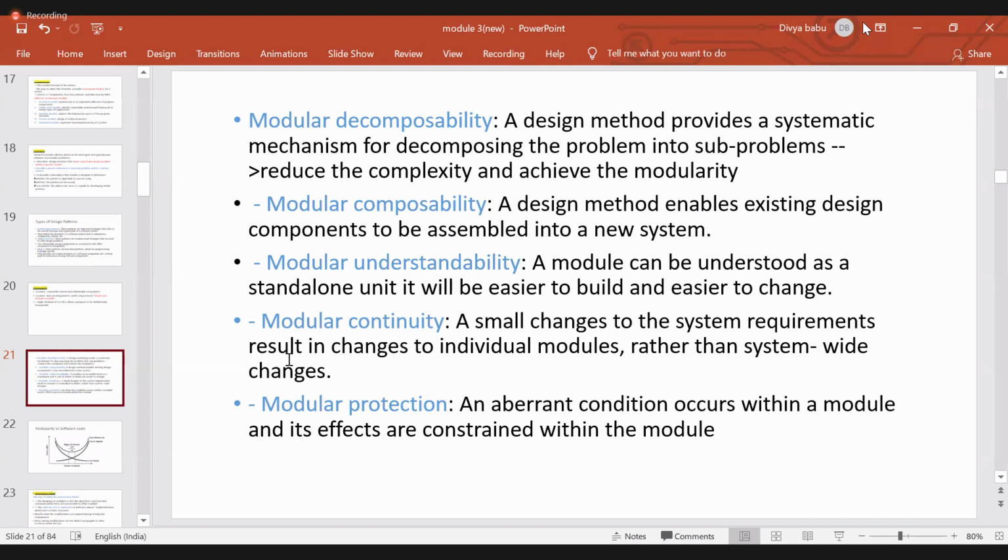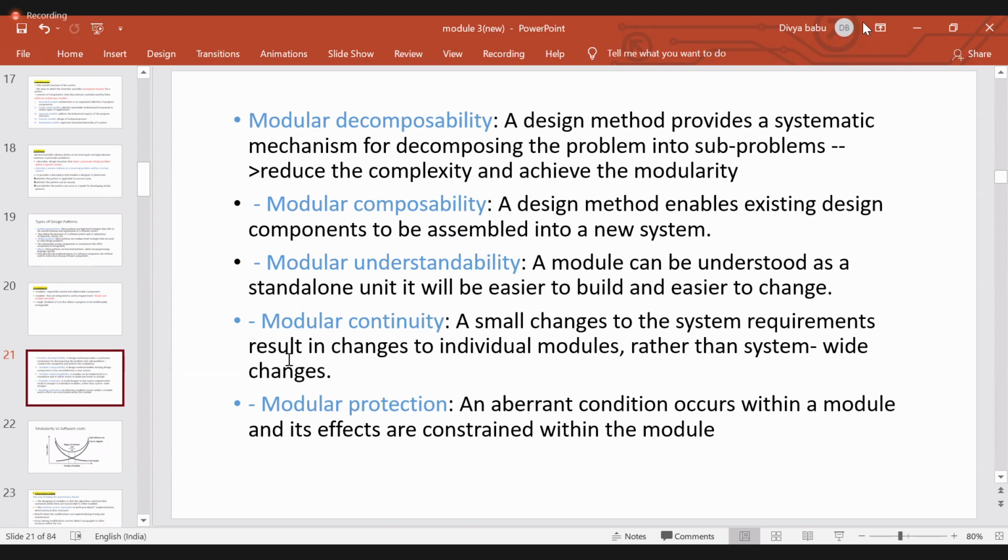So it won't transfer from one module to another. If any aberrant condition occurs, it will affect only that module. If modules are highly interconnected, a ripple effect will come. It starts from one module, but it affects every one. So reduce the coupling. That is modular protection.